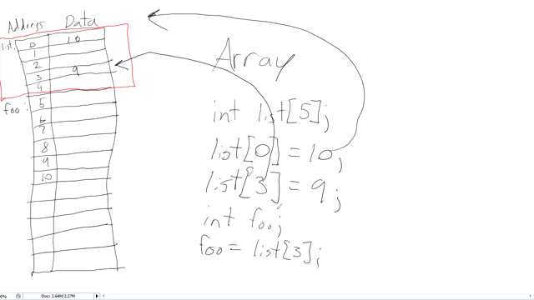So it says, okay, list, where does list start off at? It starts off at 0, and we want the 3 element, so we add 3, so that's a 9. All right, so we got our 3 element here. It's a 9, and then we want to store that in foo. So it says, where's foo? Well, foo is at 5, so then it takes that 9 and crams it in foo, which is at 5. And that's how that works.